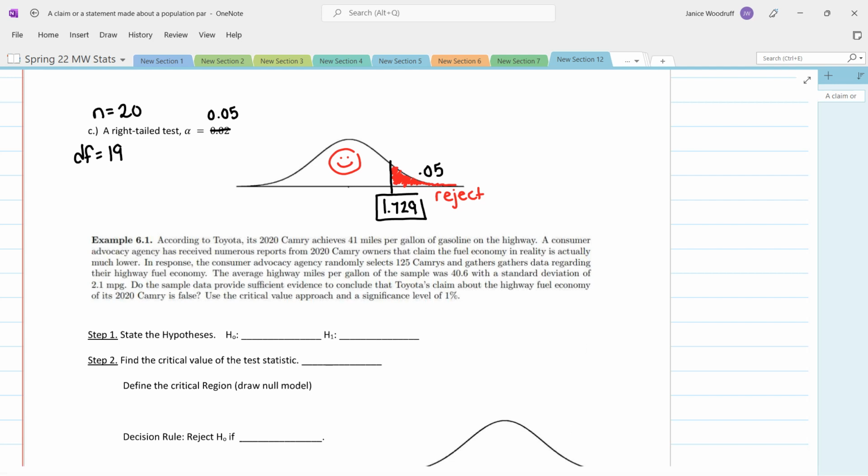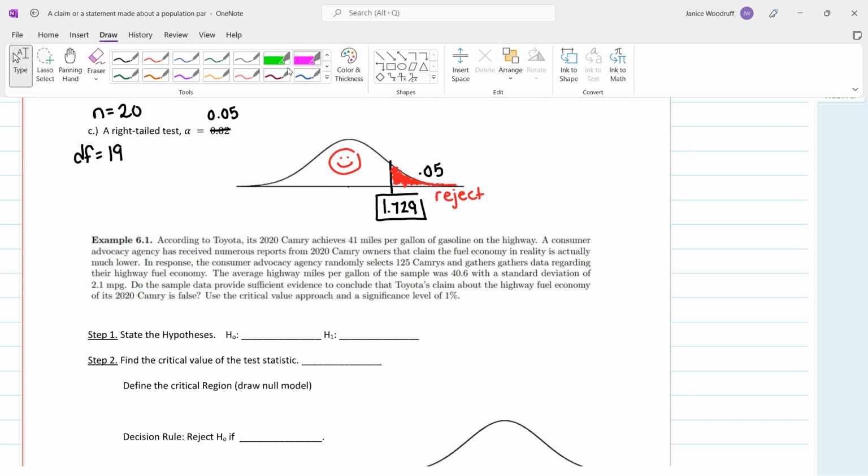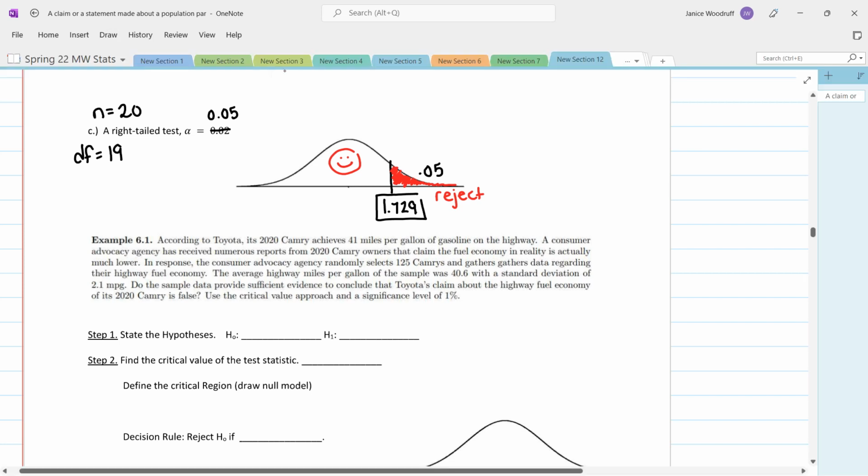Okay, so let's run some examples. All right. Let's see what we got here for the first one. According to Toyota, let me get my highlighter here, its 2020 Camry achieves 41 miles per gallon of gasoline on the highway. Pretty sure that's going to be my null hypothesis, the 41 miles per gallon.